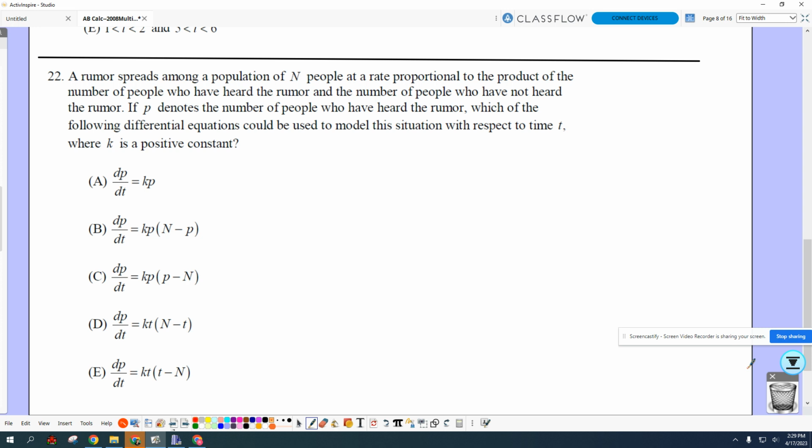I didn't know this was in the AP curriculum, and I don't think it is now. This is an old exam. Any of you in environmental science?